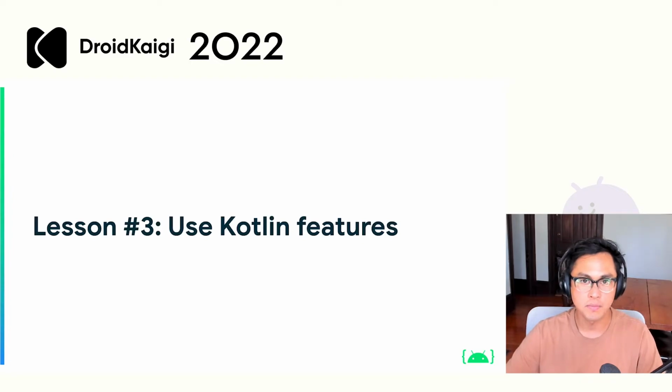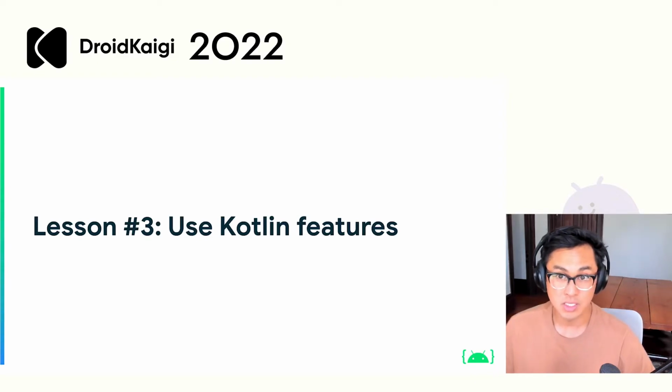Moving on to the next lesson, which is to take advantage of Kotlin features. This one point might be obvious to you. Perhaps you're already very fluent in Kotlin, but I thought it'd be important to call out because there are a lot of libraries and apps that are written in Java, just like the Maps SDK. Thinking in Java is really different than thinking in Kotlin.